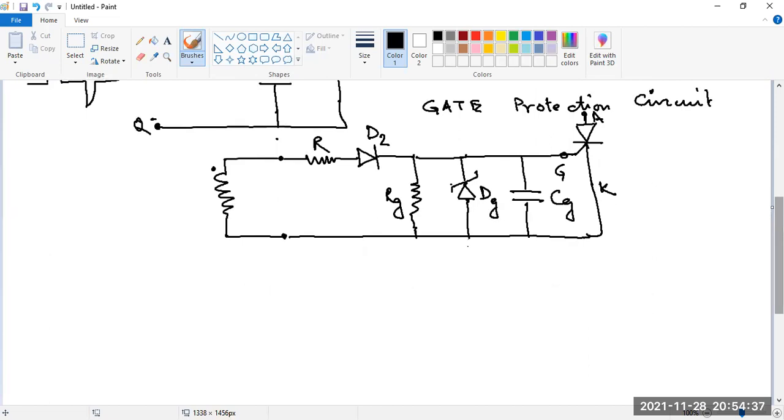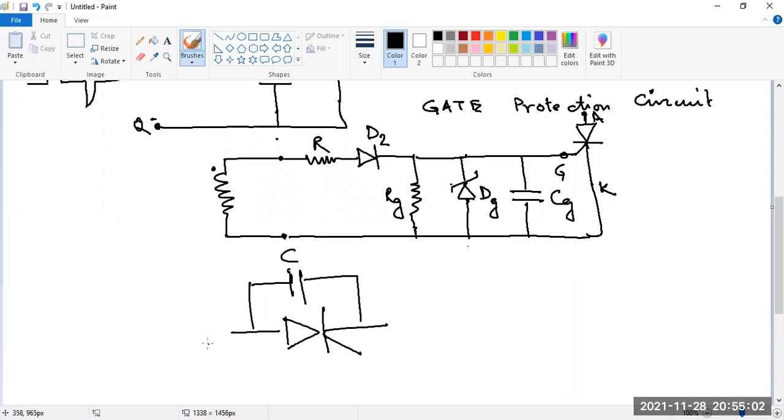Now, suppose this is your device, and if we apply some capacitance over here, then there is a possibility of LC oscillation.